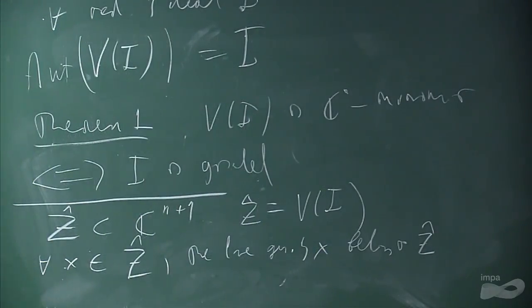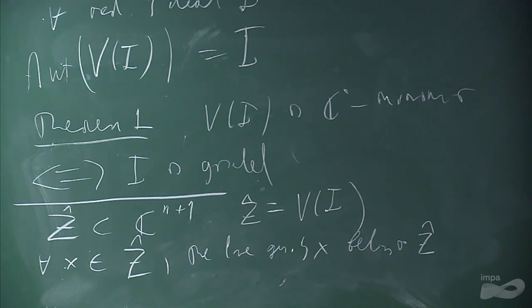This means that first, you start with a projective variety, and this Z hat uniquely determines it.